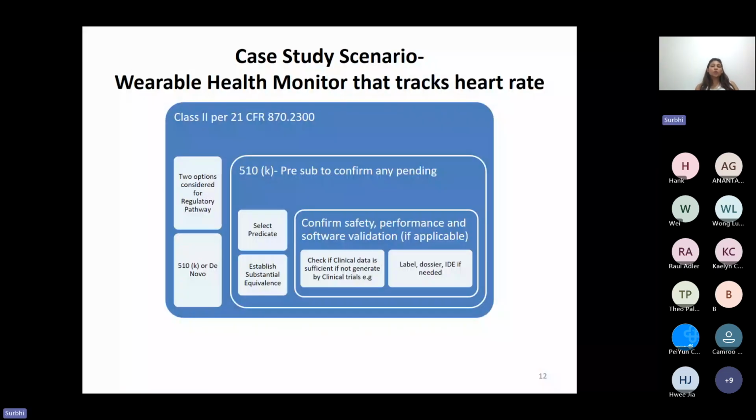So now going back to a case study scenario, where I have taken as an example a wearable health monitor that tracks our heart rate. First things first, as a manufacturer, go to their 21 CFR database, see which CFR codifies this type of device.